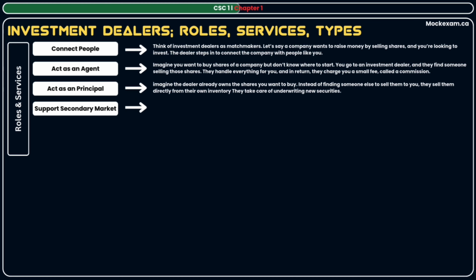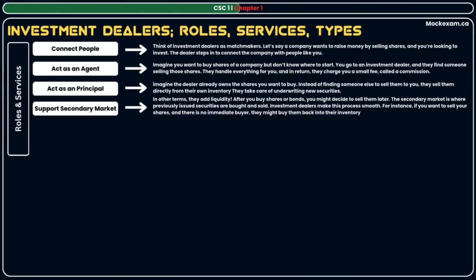Number four, supporting the secondary market. After you buy shares or bonds, you might decide to sell them later. The secondary market is where previously issued securities are bought and sold. Investment dealers make this process smooth.